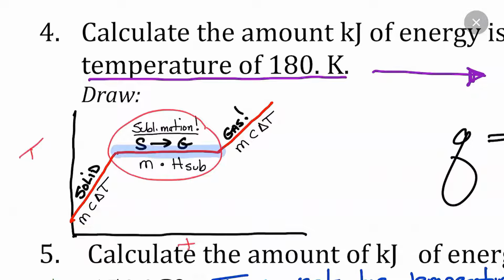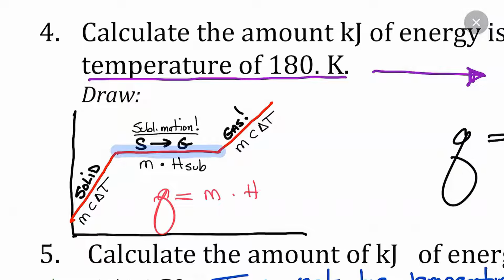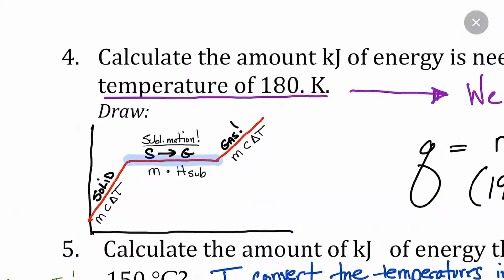And so I'm just looking at a phase change. Now, because there's no change in temperature, I just have this formula. Q is equal to mass times the heat of sublimation, which is given to you in the table above, or the information above. So that's all I'm doing here.